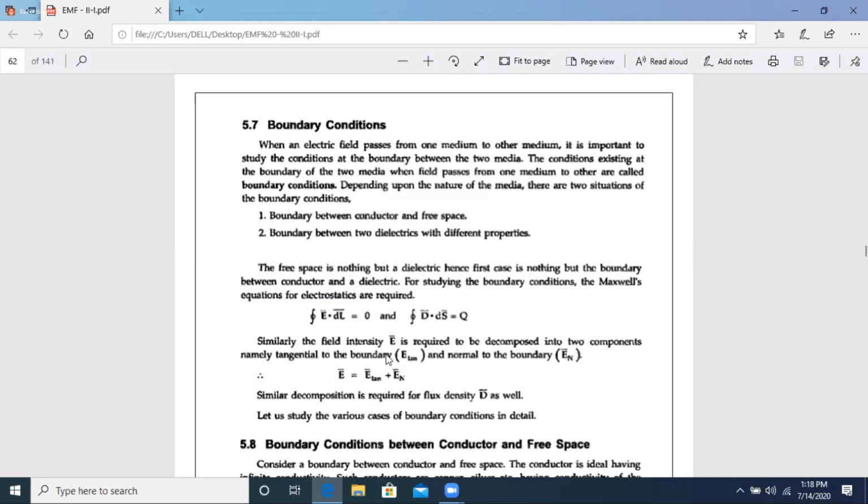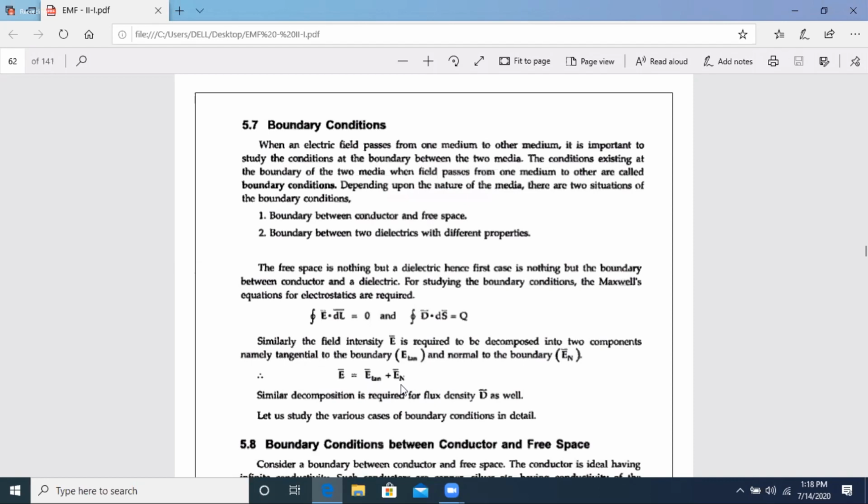The tangential component, we say E tan. And the normal component, E with a little n. So E would be your hypotenuse, and then you have opposite and adjacent.